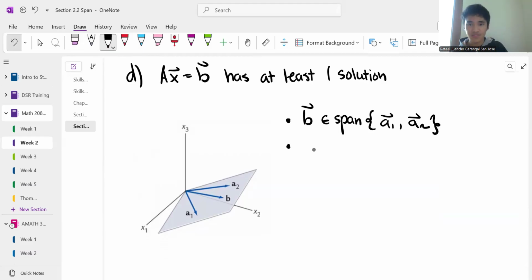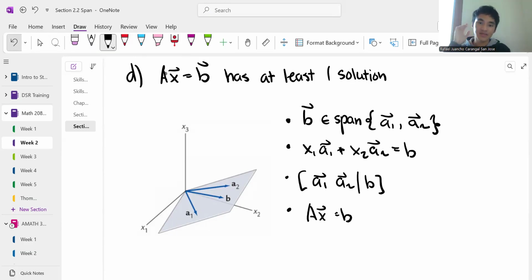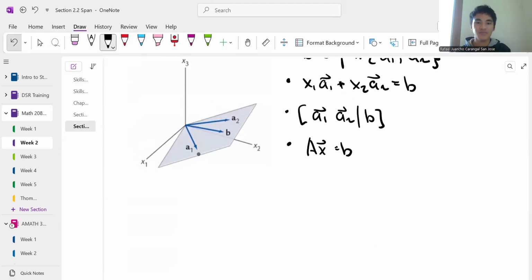What else can we say? If it's part of the span, we can write a linear combination that has an exact solution. Another way we can do it: AX equals B has at least one solution. So these four are true, right?